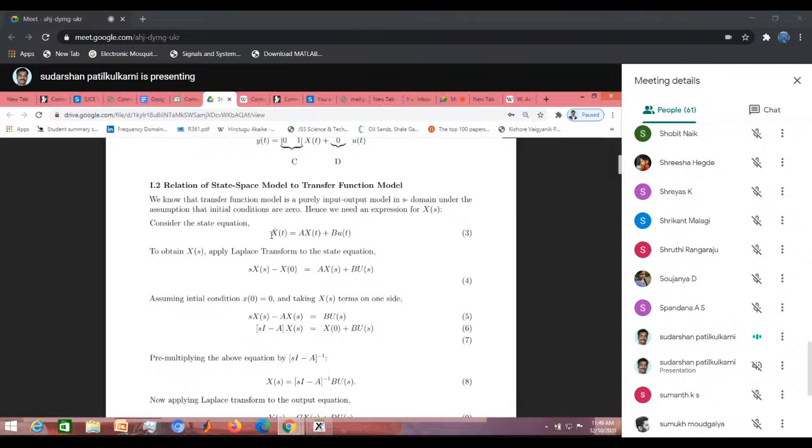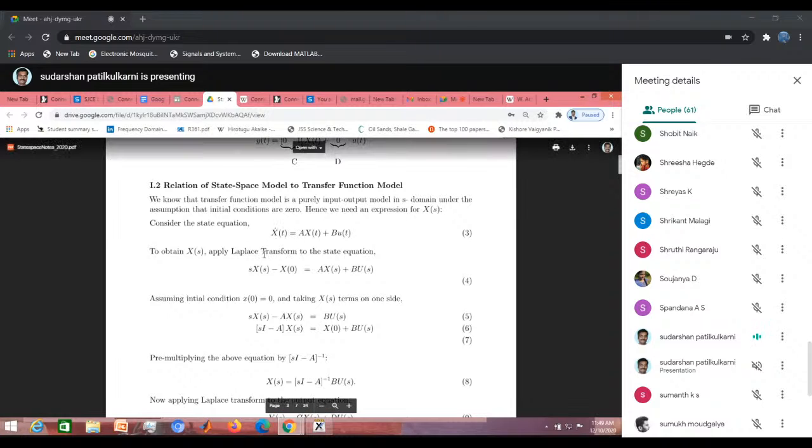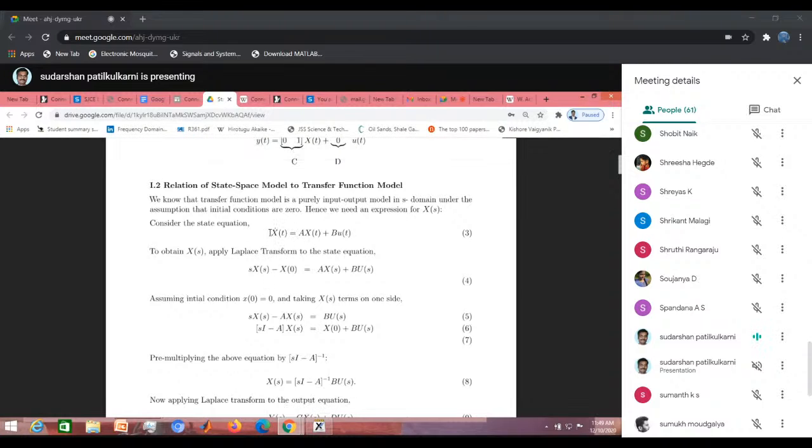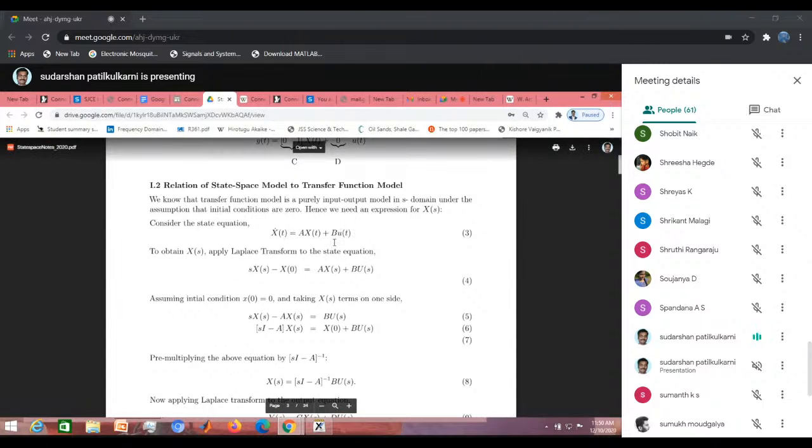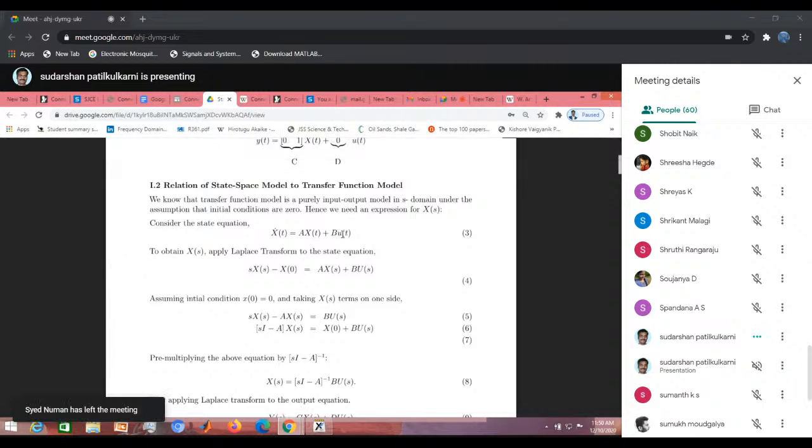So to do that, the state space model is a time domain model. Therefore, you need to apply Laplace transform to go to the S domain model. So s into X of s minus X of 0 is equal to A X of s plus B U of s. Okay. So in the transfer function model, it's a ratio Y of s to U of s.